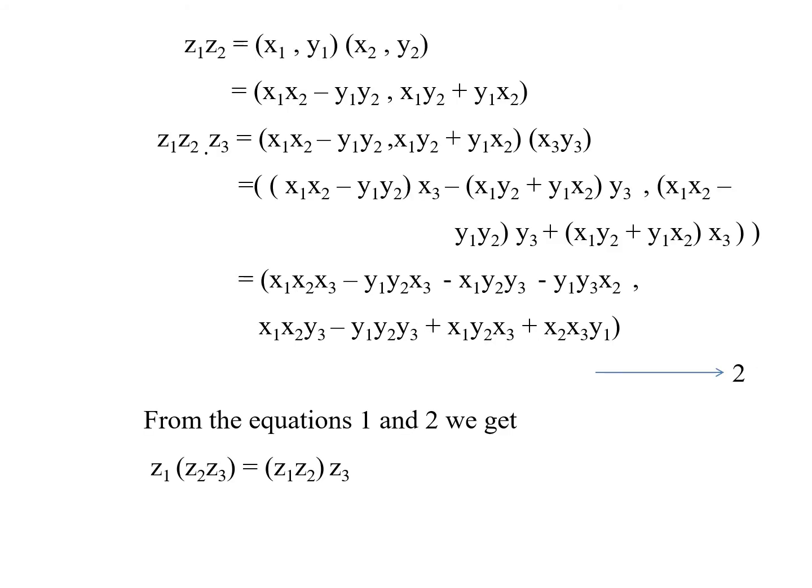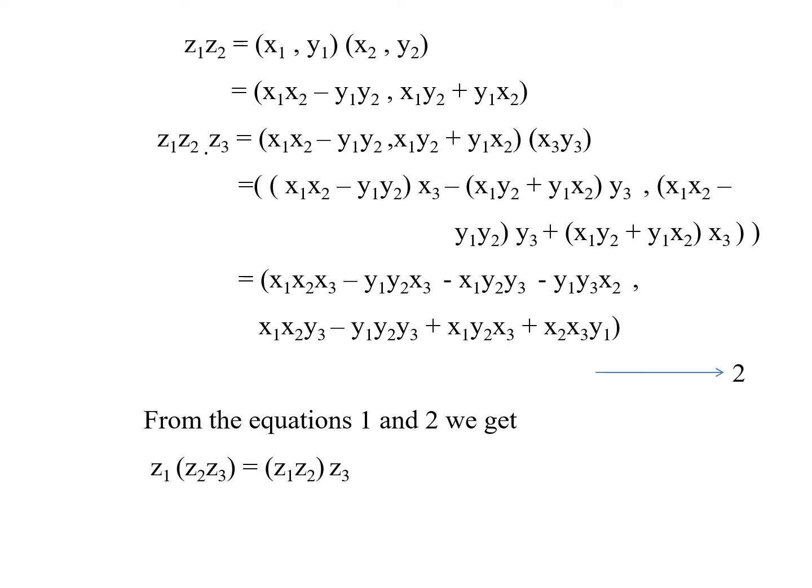Similarly, for the RHS, z1 and z2, by using the multiplication of any two complex numbers, we get the result x1 x2 minus y1 y2 comma x1 y2 plus y1 x2. So now, this is a single complex number, so we multiply that z1 z2 into another complex number z3.